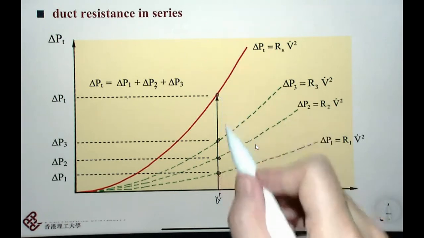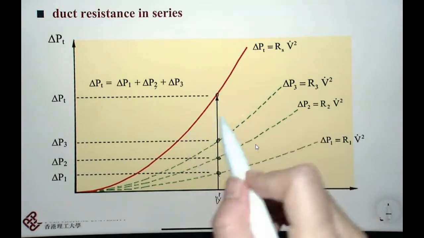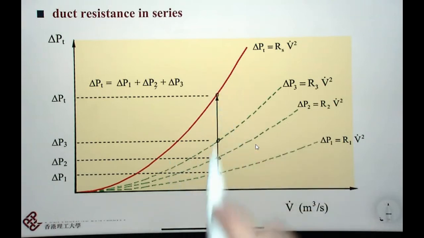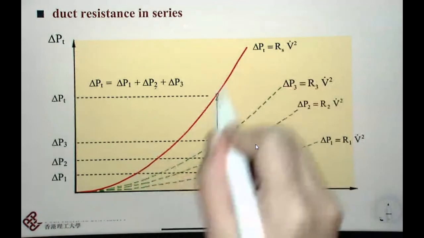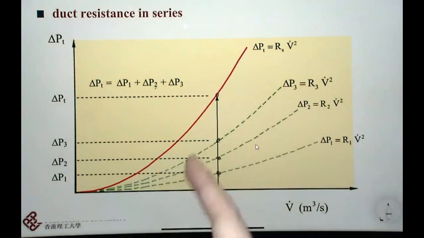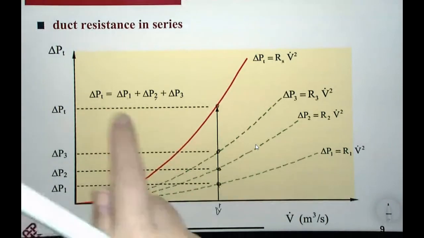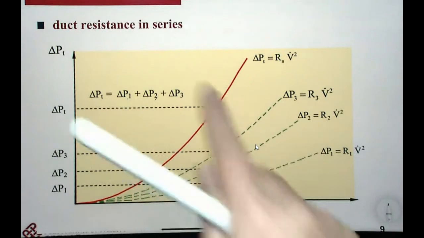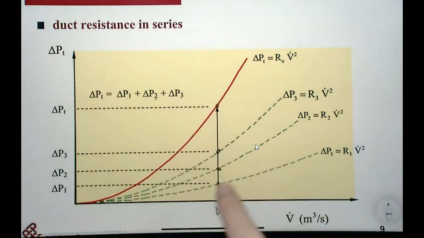We follow this procedure for different V dots, and this is how we can obtain the system curve as shown in the red line. Okay, so this is how you can express the duct resistance when we have duct sections connected in series.